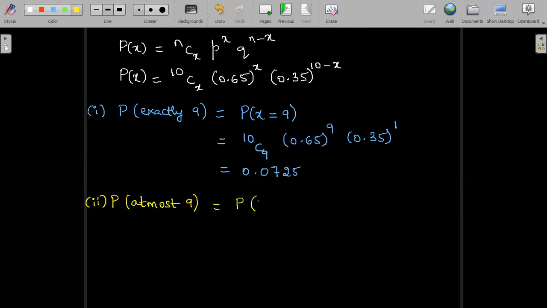Symbolically this becomes X less than or equal to 9. But performing X less than or equal to 9 directly becomes very lengthy or tedious, no? X can take 0, 1, 2, 3, etc. up to 9, so P of 0 plus P of 1 plus P of 2, etc. up to P of 9 becomes very lengthy.